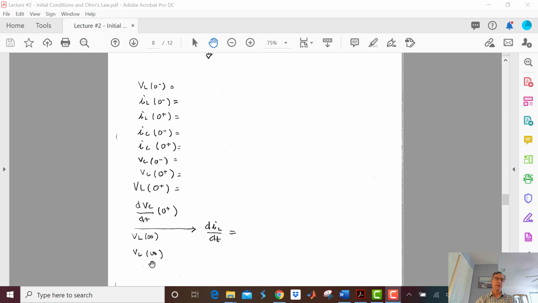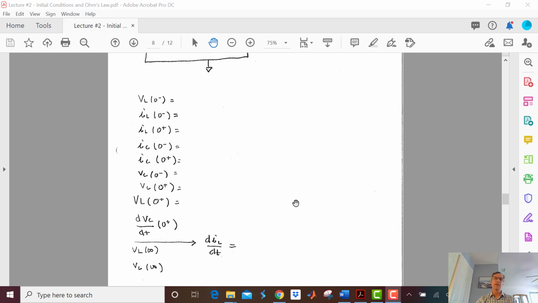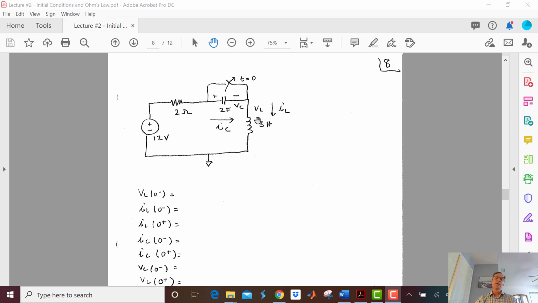Finally, let's get the inductor voltage. Sorry, not finally. The inductor voltage at time equals infinity, V sub L. There's no voltage across the inductor at steady state, and VL at time infinity is equal to 0.